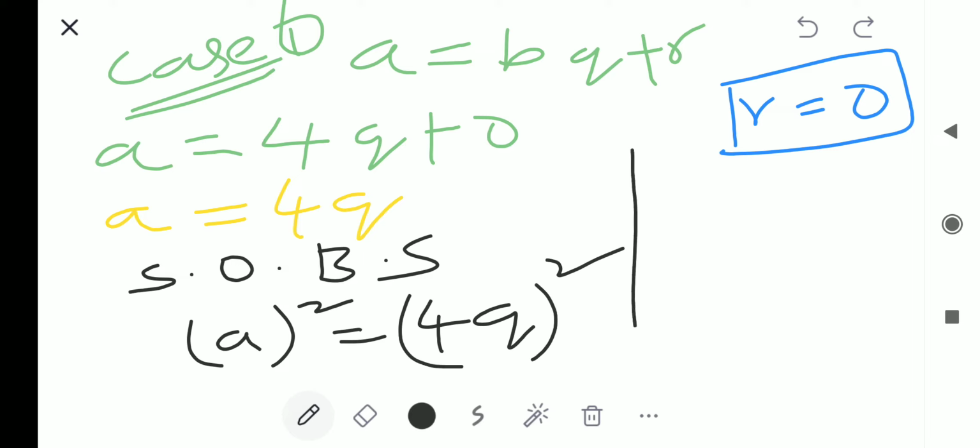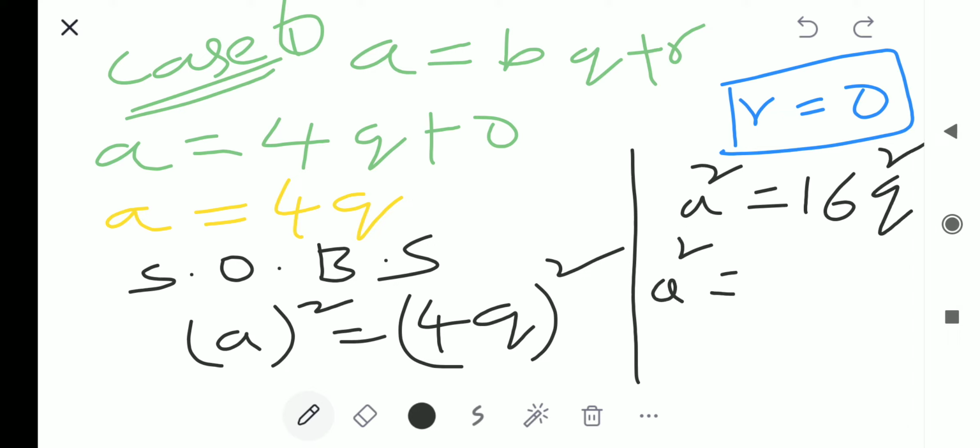Then I can write it as continuation. A square is equal to 4Q whole square means 16Q square. Then A square is equal to 16Q square I can write as 4 into 4Q square. Then let this value 4Q square be m.